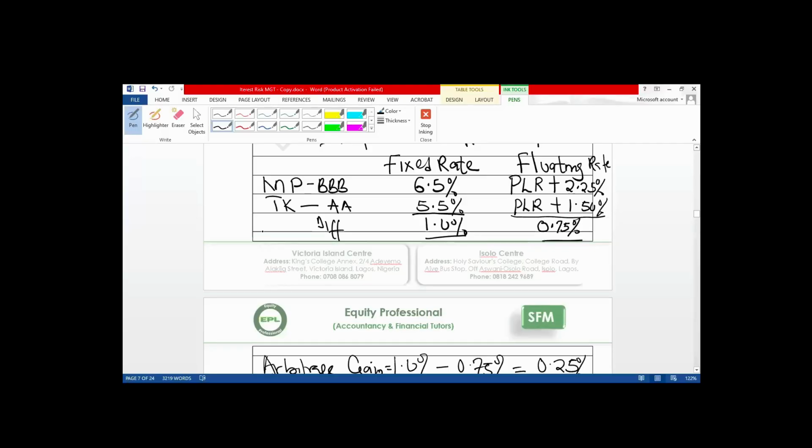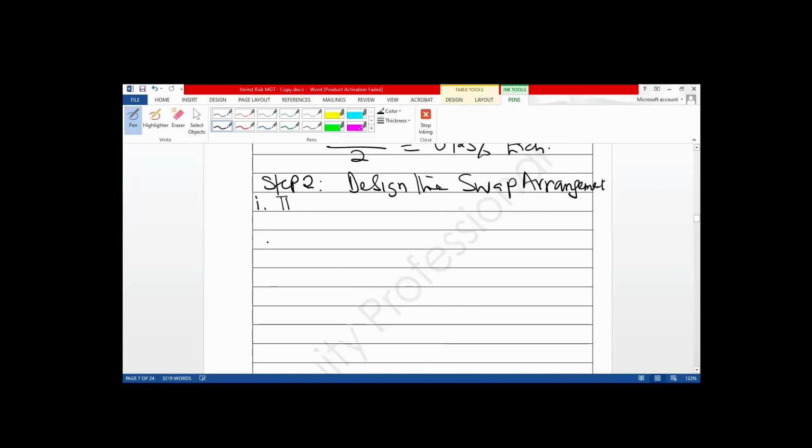Number 2, please note, once one party borrows at a fixed rate, the other party must borrow at a floating rate.